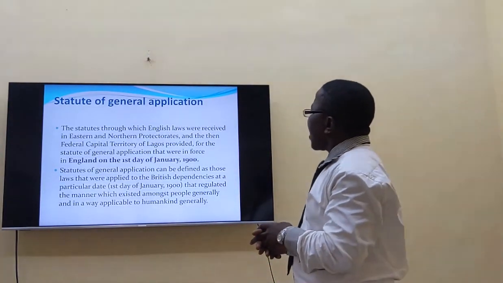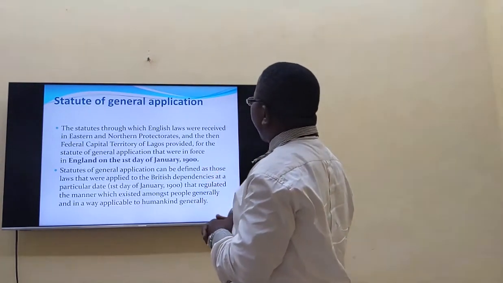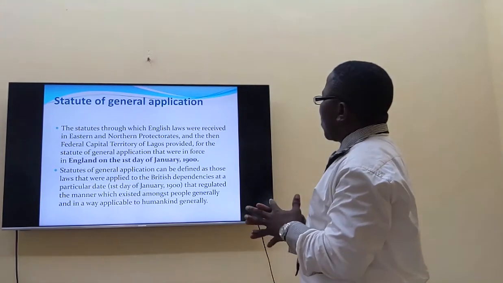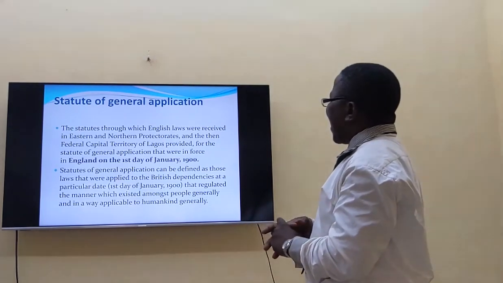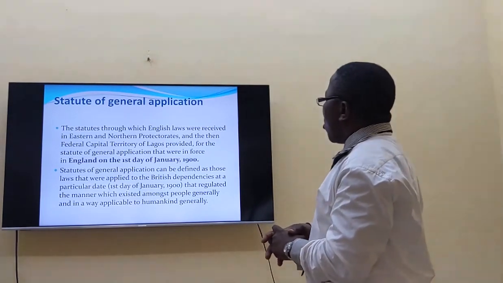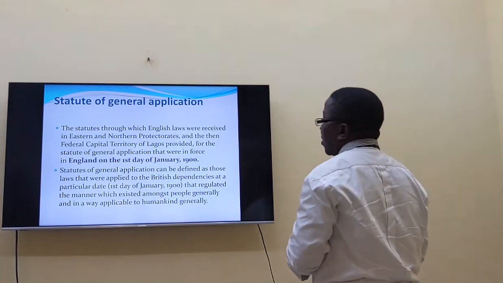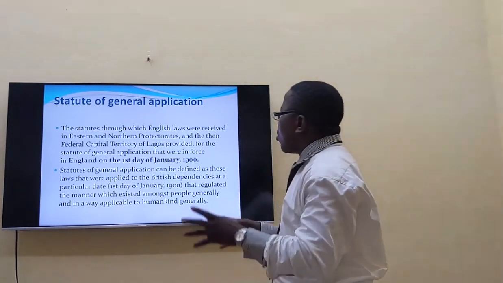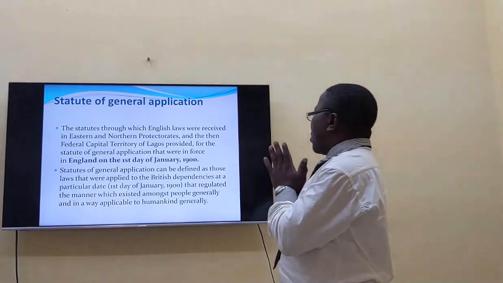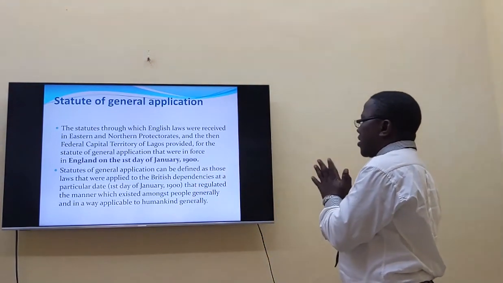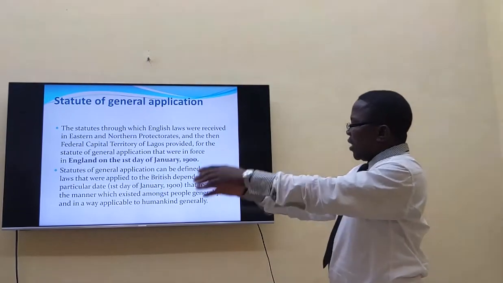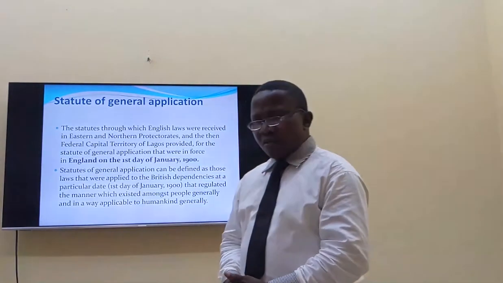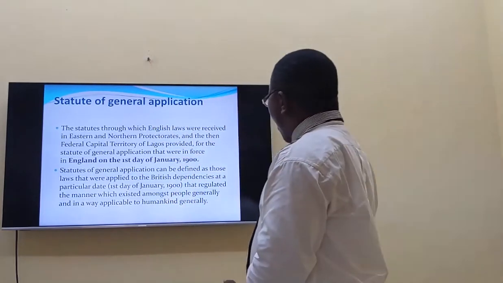It says the Federal Capital Territory of Lagos then provided for the statutes of general application that were enforced in England on the first day of January 1900. Statutes of general application can be defined as those laws that were applied to the British dependencies at a particular date, the first day of January 1900.